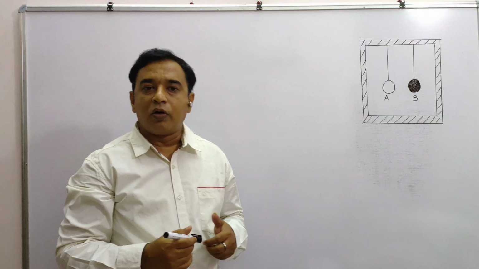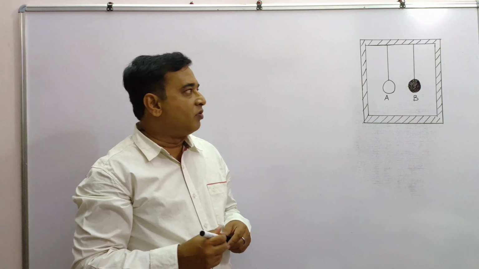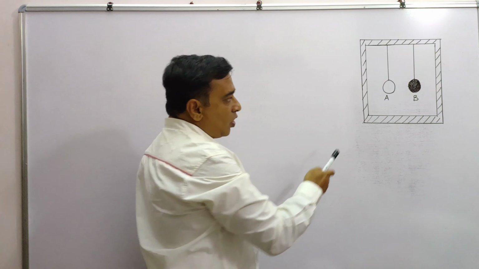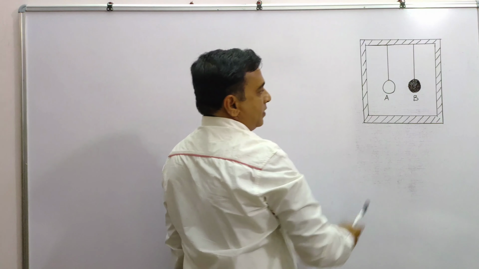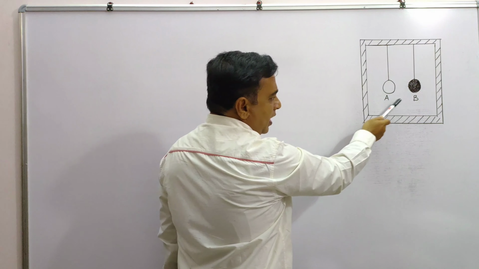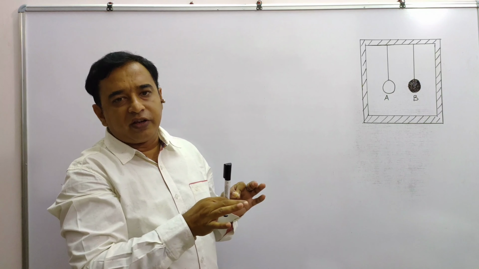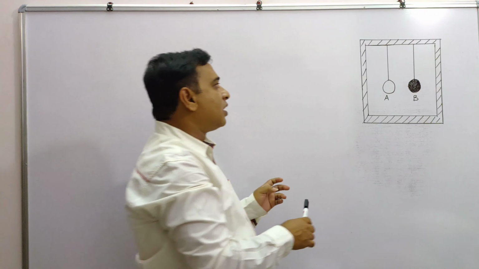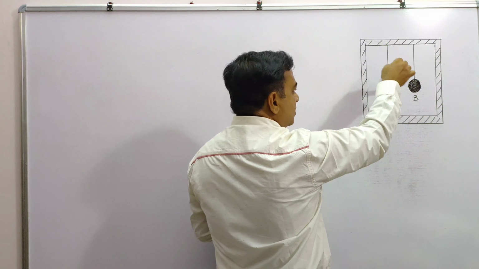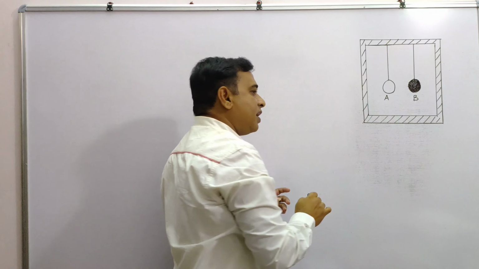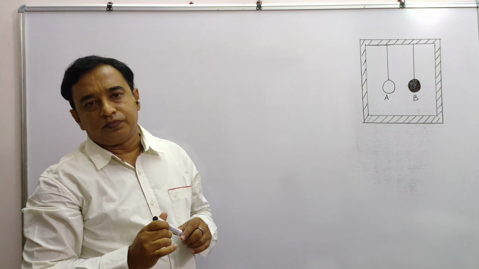I will explain. Now let us start with Kirchhoff's law. Before starting, we have the ordinary body A and black body B. They are suspended with the help of insulating fibers in an insulating frame, and are given an equal amount of heat.